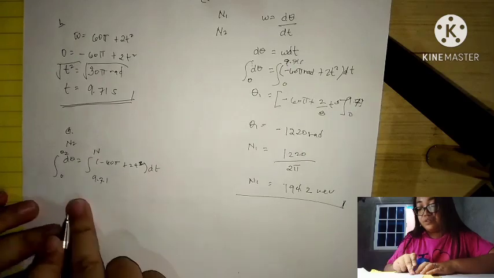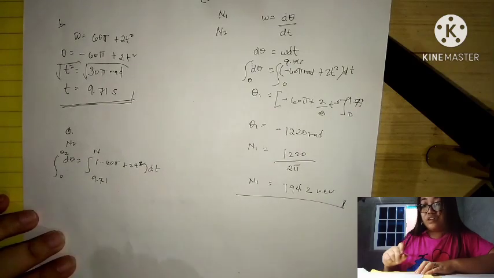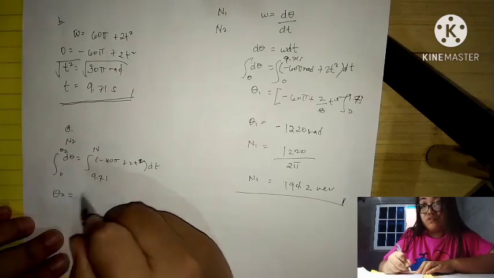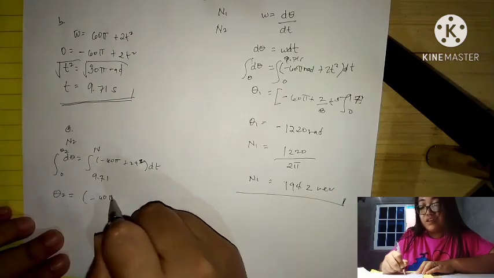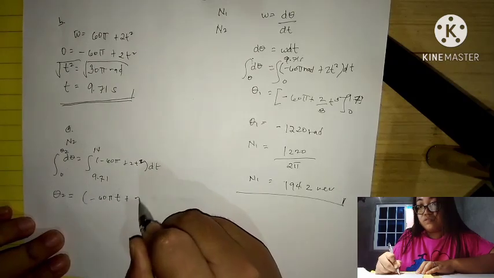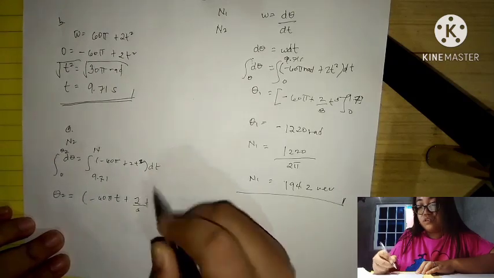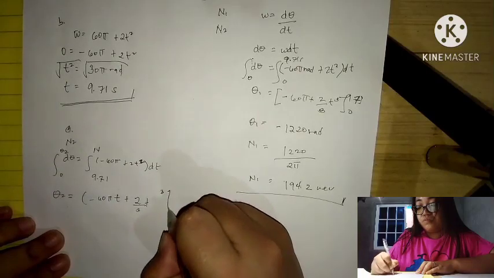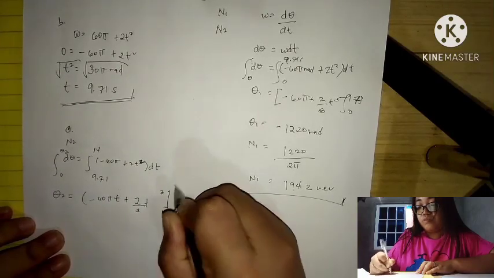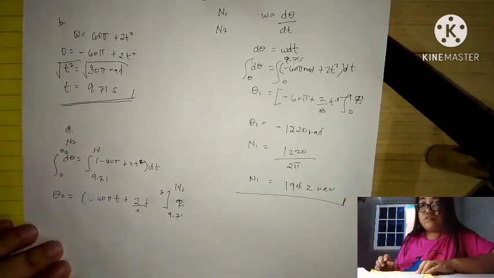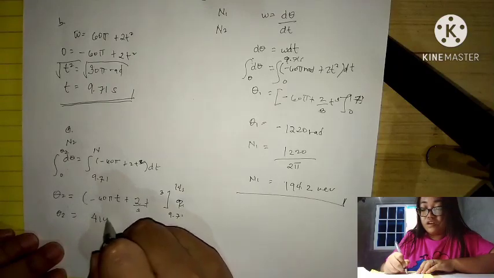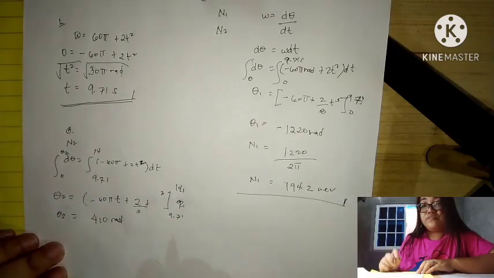Theta sub 2 is equal to negative 60 pi t plus 2/3 t cubed, nakalimit sa 9.71 to 14 seconds. So, makukuha natin dyan is 410 rad.